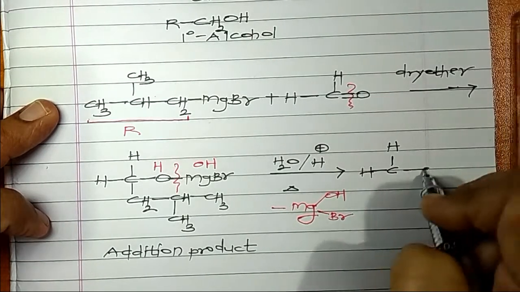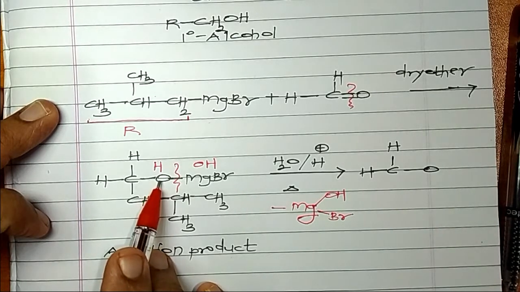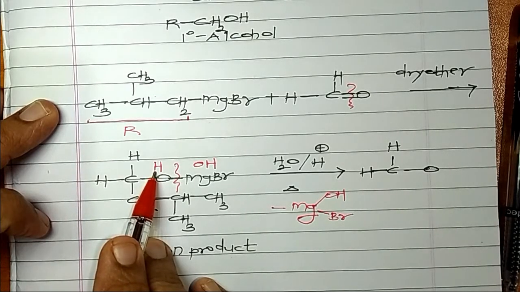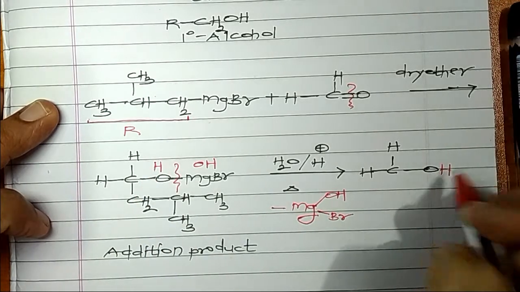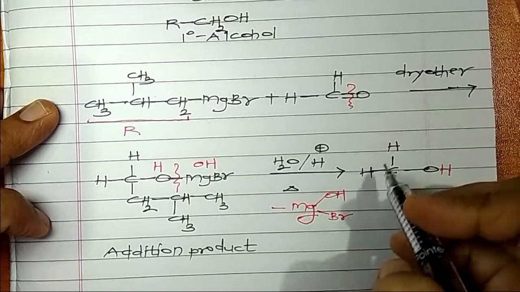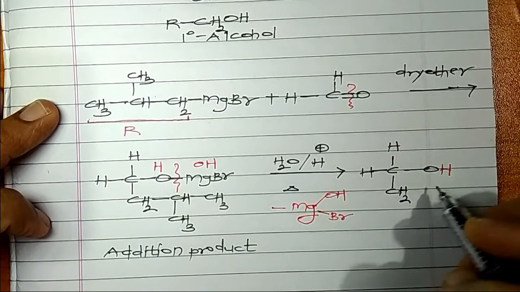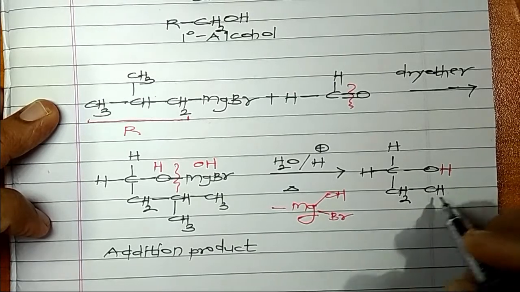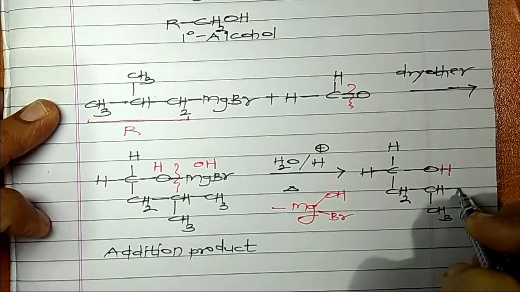Here it is O. Take a red pen. O is attached to H. This H, where did you get it from? I got it from water. Here we move down. It is CH2. It is CH. It is CH3. And here it is CH3.